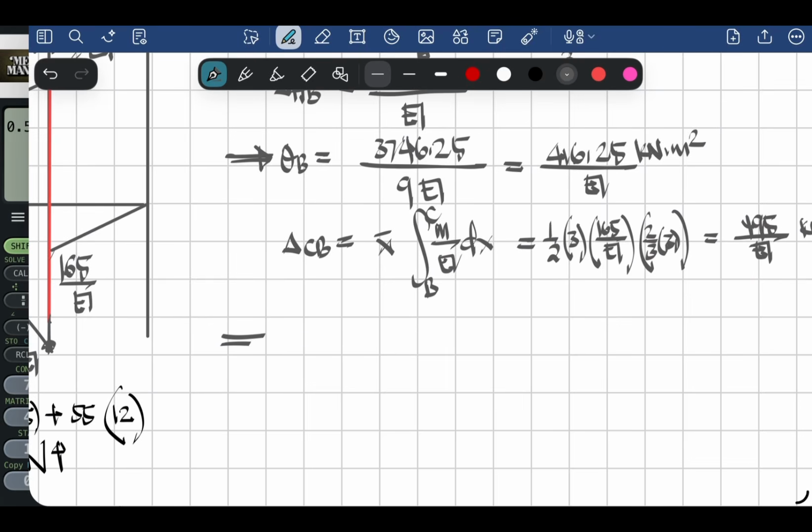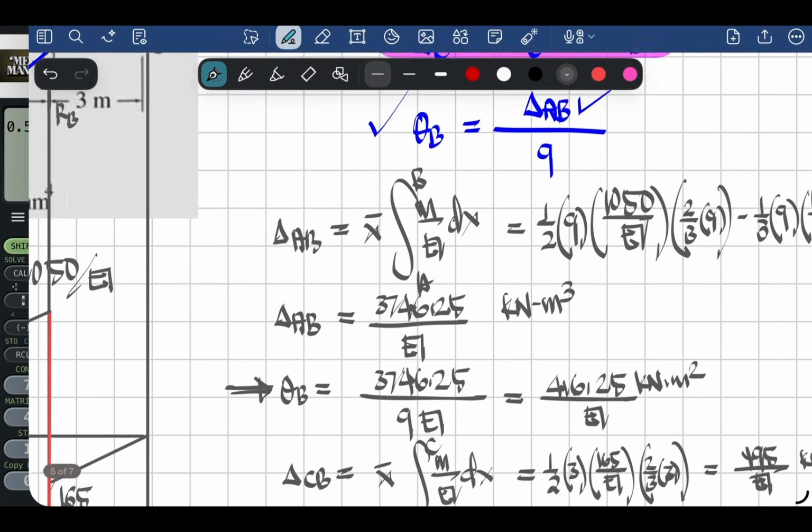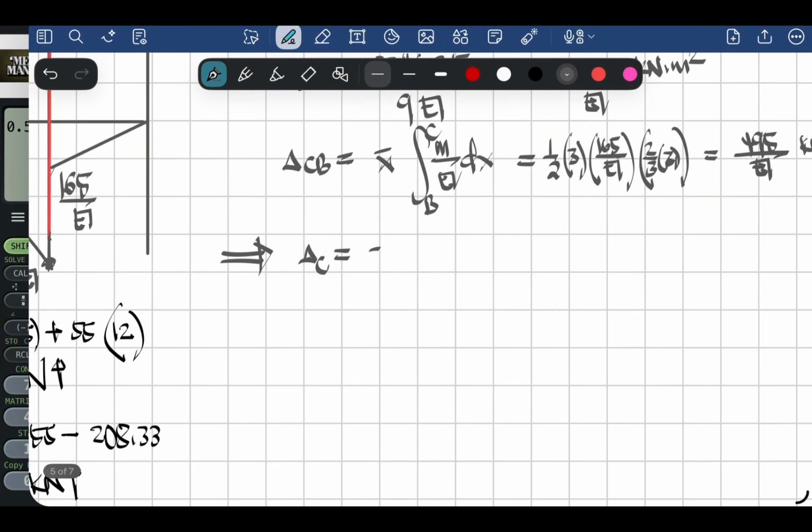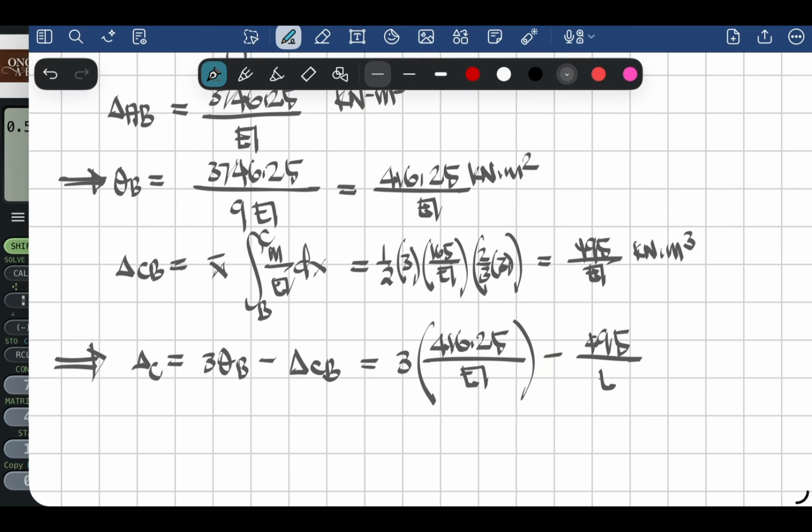So therefore, delta C is equal to 3 theta B minus delta CB, which equals 3 times 416.25 minus 495 over EI.